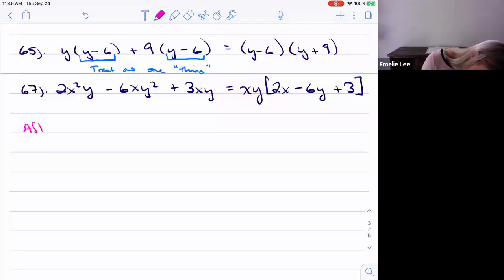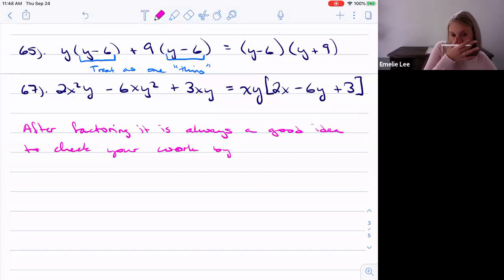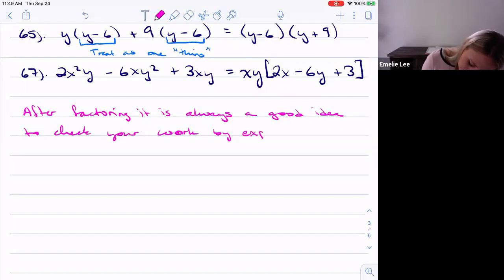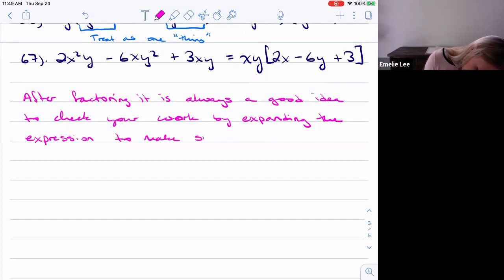So after factoring, it is always a good idea to check your work by expanding the expression, it's actually an expression, if there's no equal sign, but it doesn't matter, to make sure you get back to where you started.